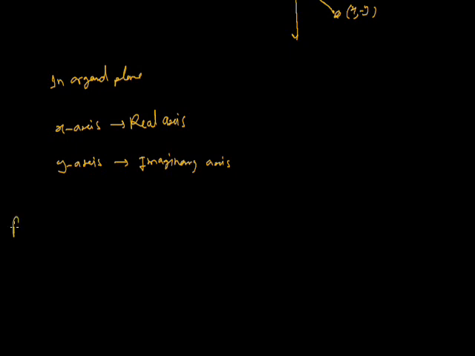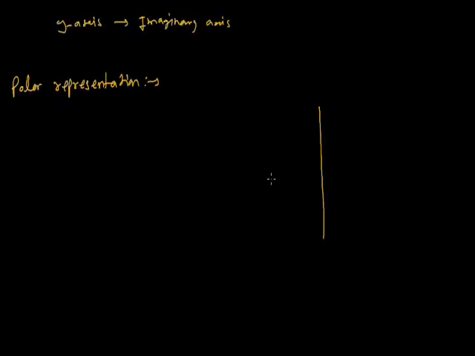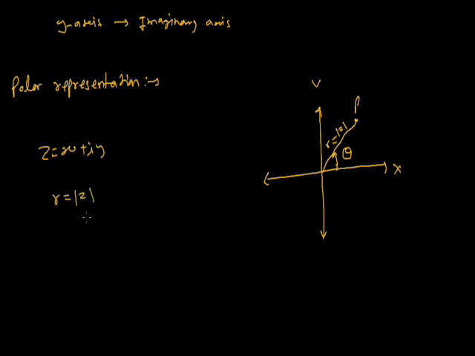Now we are talking about polar representation. So here we can draw a diagram. Here P represents the non-zero complex number z equal to x plus iota y, and r represents the modulus of z.